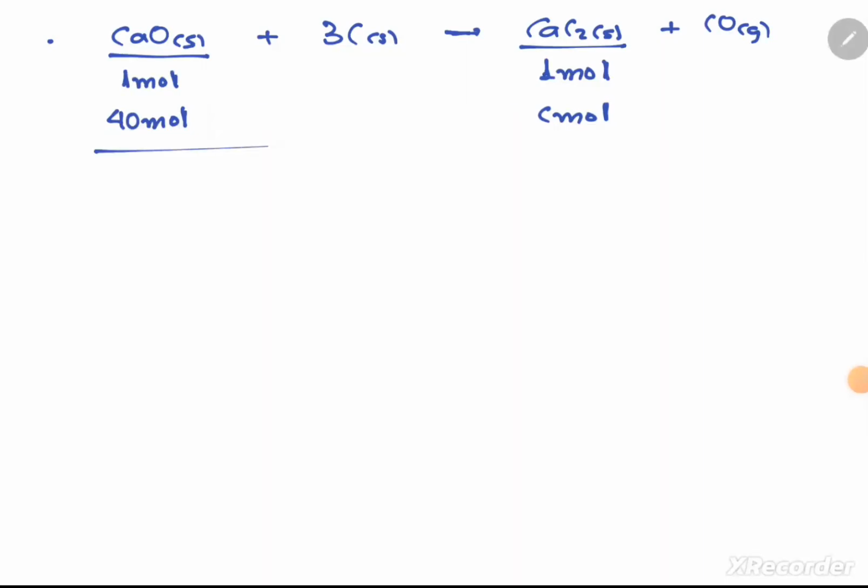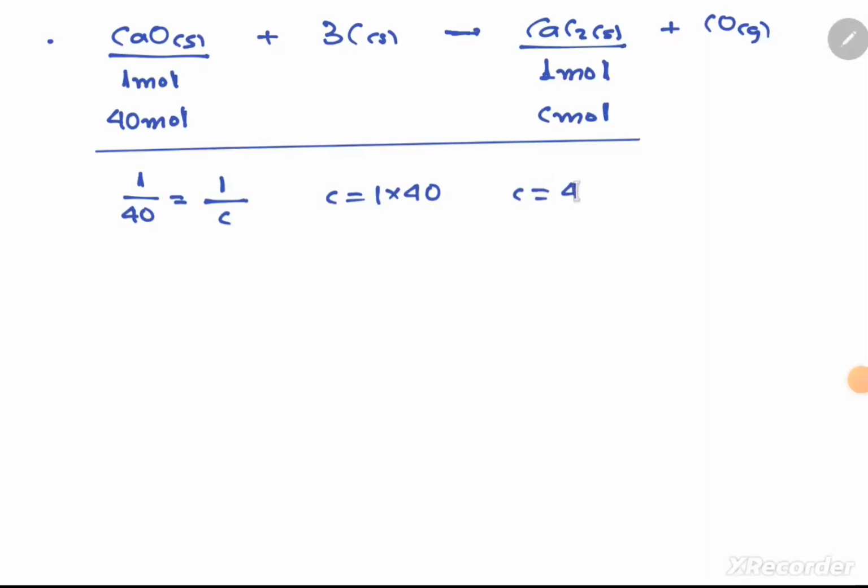So we have to solve the ratio and to find the next common compound. So we have 40 mole of charcoal.